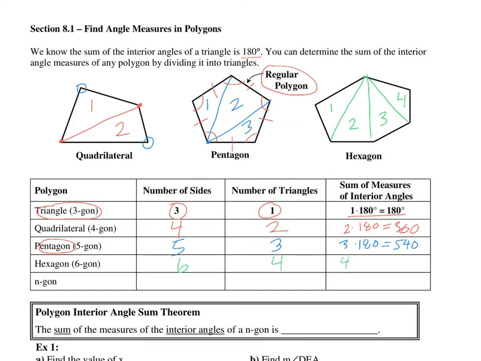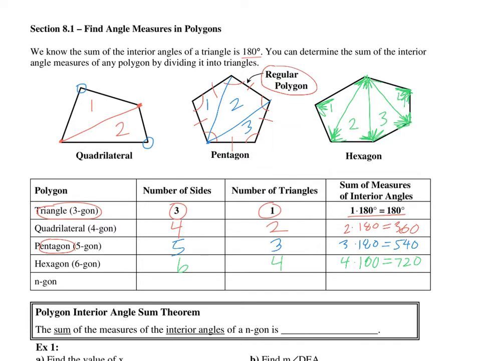So I'm going to do 4 times 180, which is 720. That's what all the angles of a hexagon add up to. If you add up all of these angle measures, they would all add up to 720.